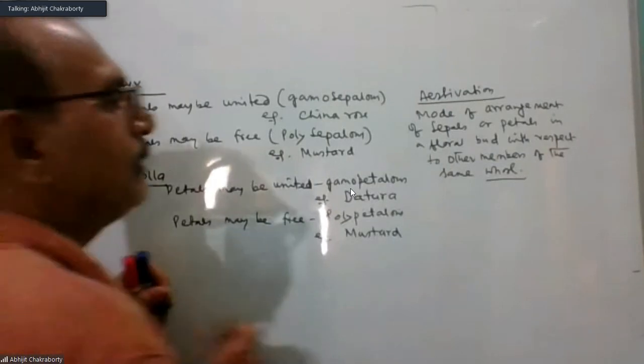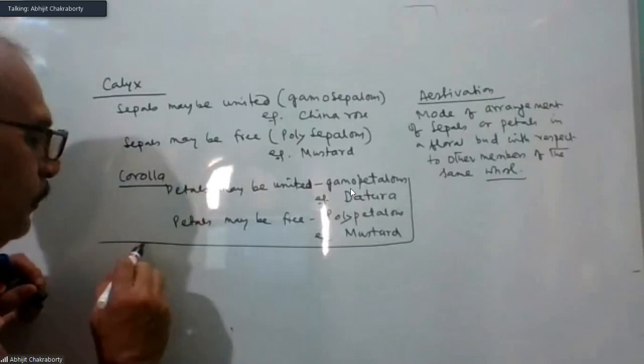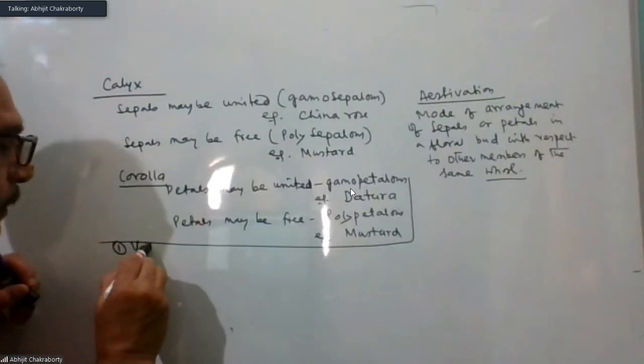Now, you get the estivation, what are the types you see? First one, valvate.